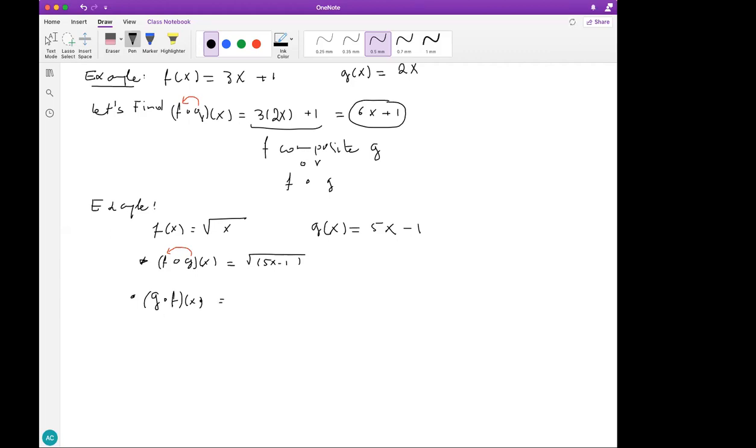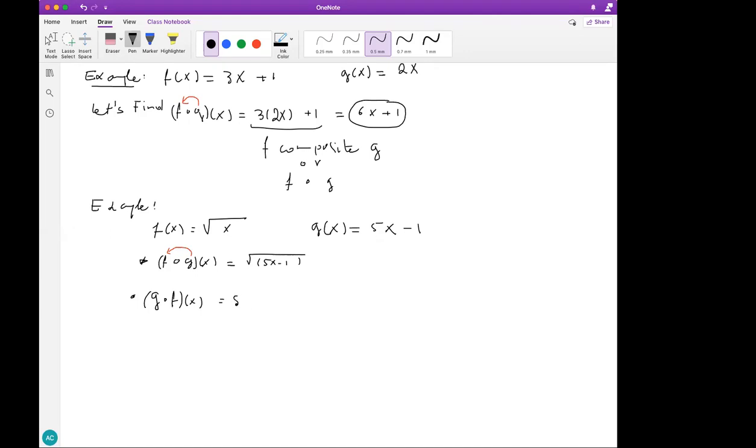To find this, which function do we write first out of g and f? G, 5x minus 1. That's right. We're going to write g, which happens to be 5x minus 1.